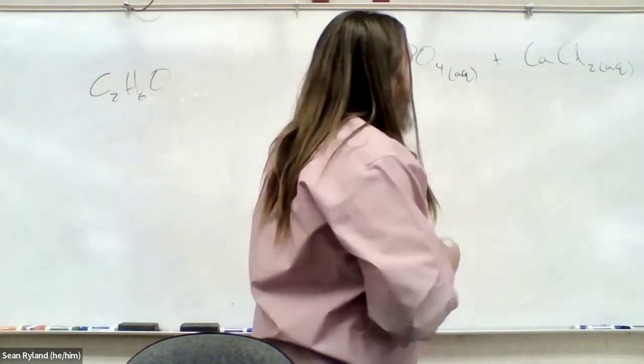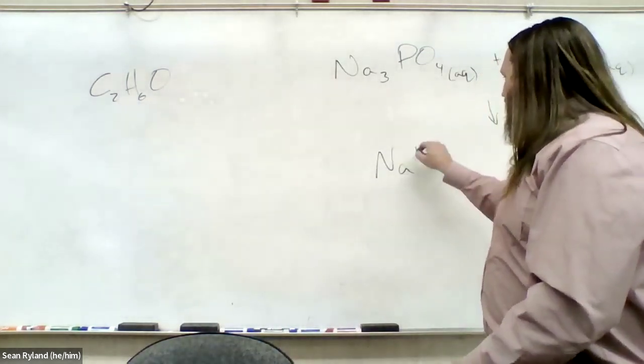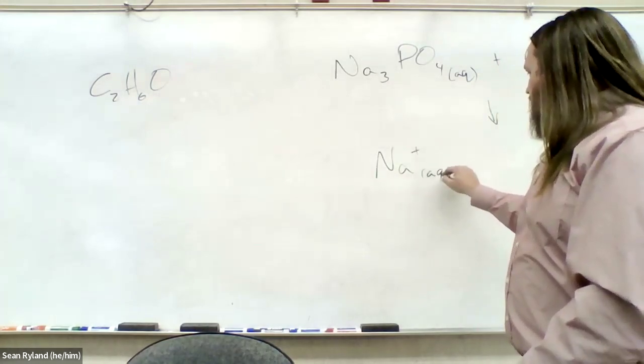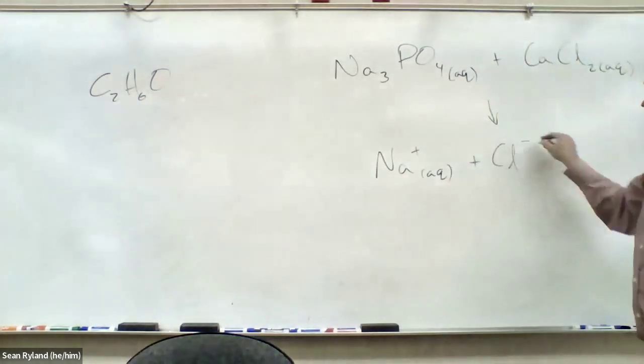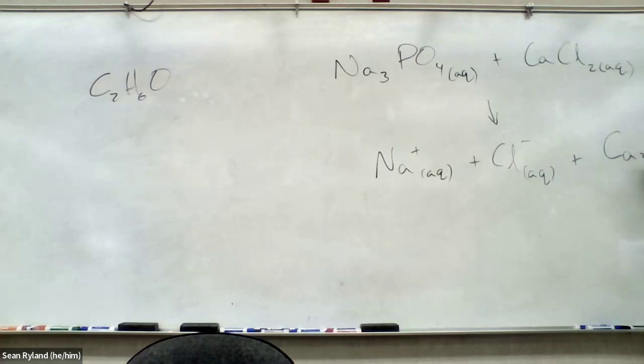So what happens when we mix these two solutions together is we still have sodium ions floating around and chloride ions floating around, but then we get calcium phosphate forming as a solid.